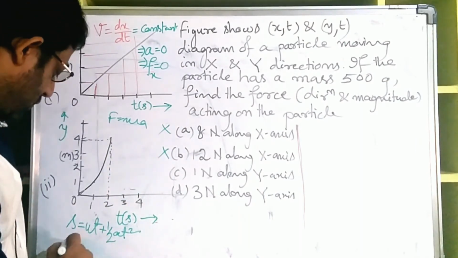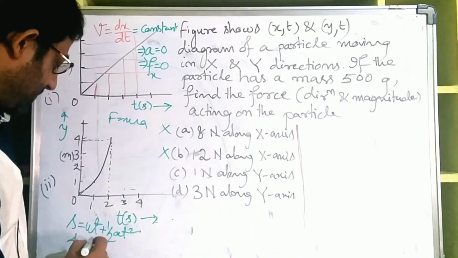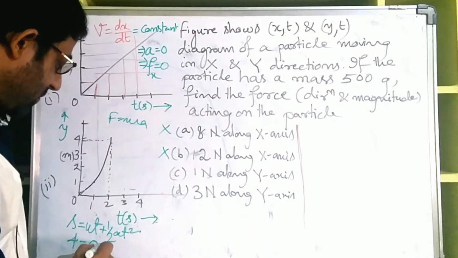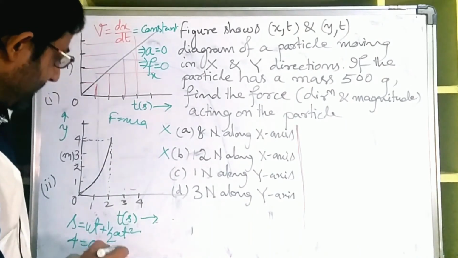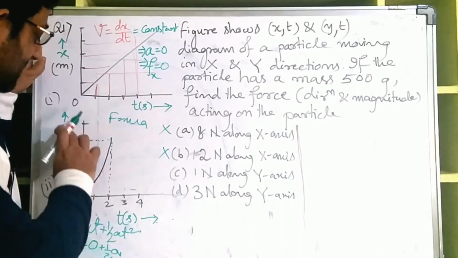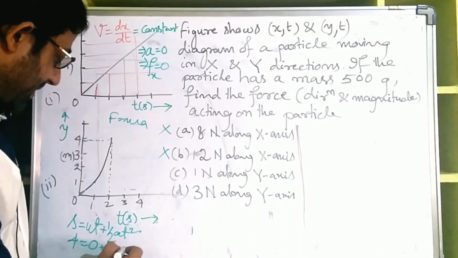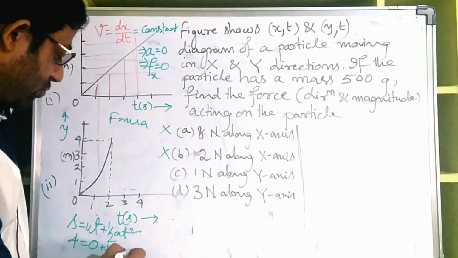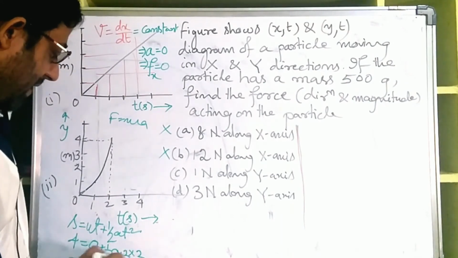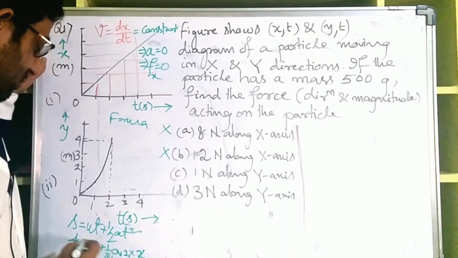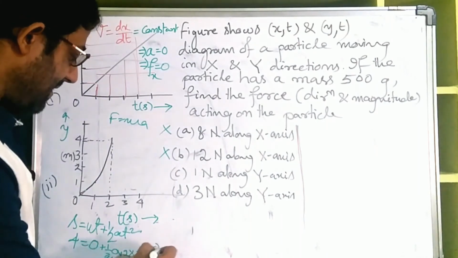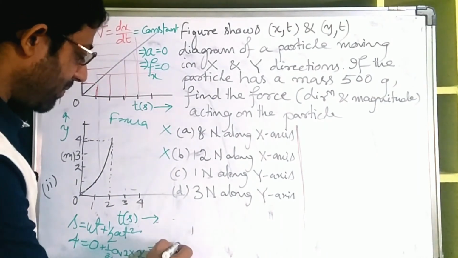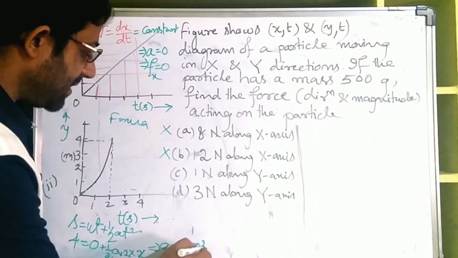So 4 is equal to half a t square. In what time did this 4 happen? In 2 seconds. So 4 is equal to half a into 2 squared, so a is equal to 4 by 2, that is 2 meter per second square.